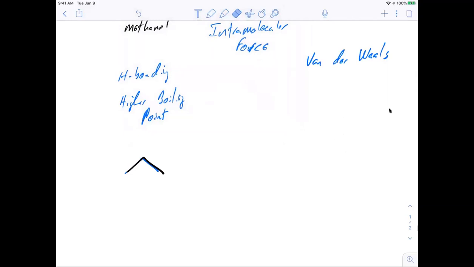Sorry, I just realized I need to just go simple for now. Okay, so if we look at these two molecules, this one is propane. This one over here is heptane.